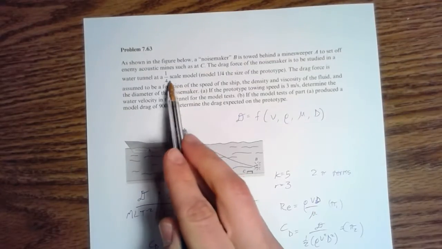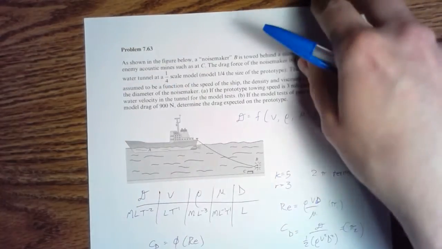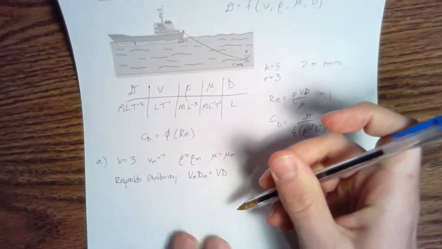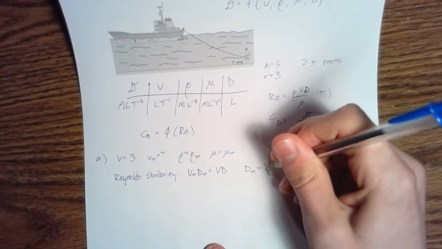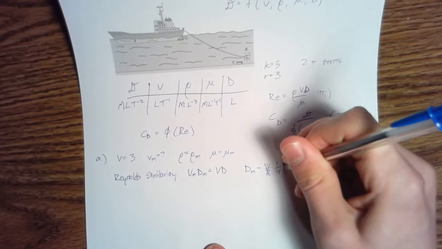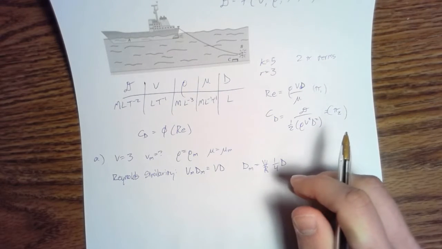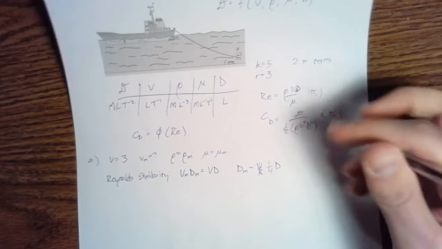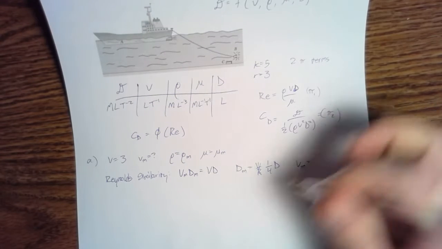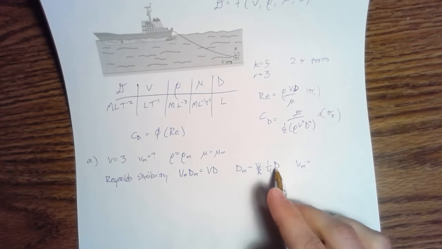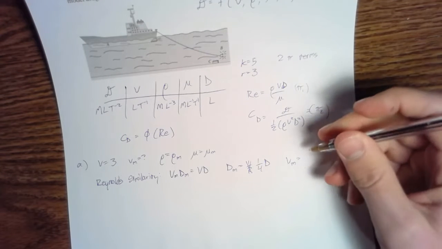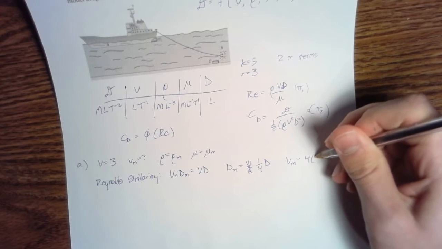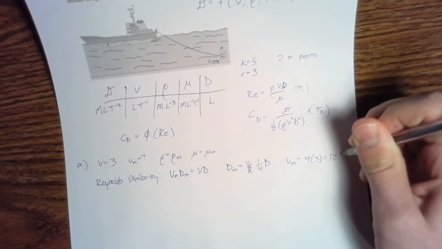And we know from our scale model, which is just 1/4, that d_m is, of course, 1/4 of the diameter in our prototype. This means that rearranging this a little bit and plugging in the relationship between d_m and d, this just gives us that our V_m is 4 times 3, 12 meters per second.